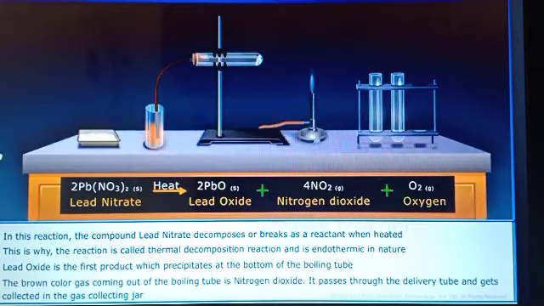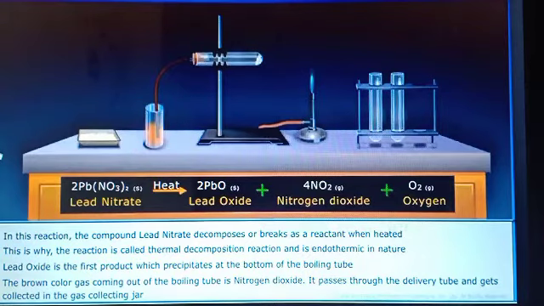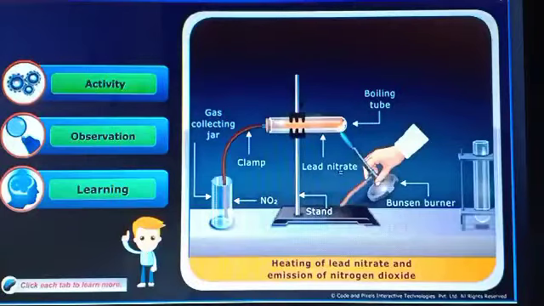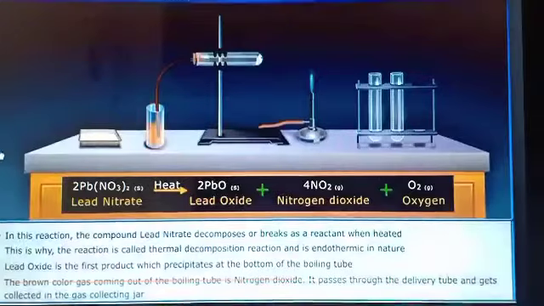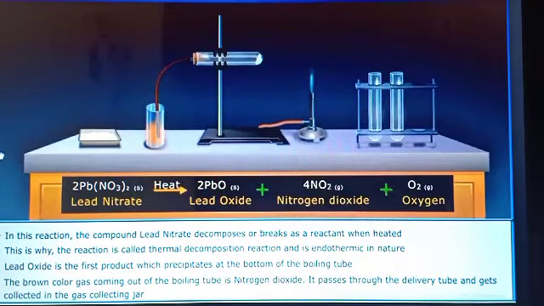Lead oxide is the first product, which is precipitated at the bottom of the boiling tube, and the brown color gas coming out from the boiling test tube is nitrogen dioxide. It is passed through a delivery tube and gets collected in the gas collecting jar.